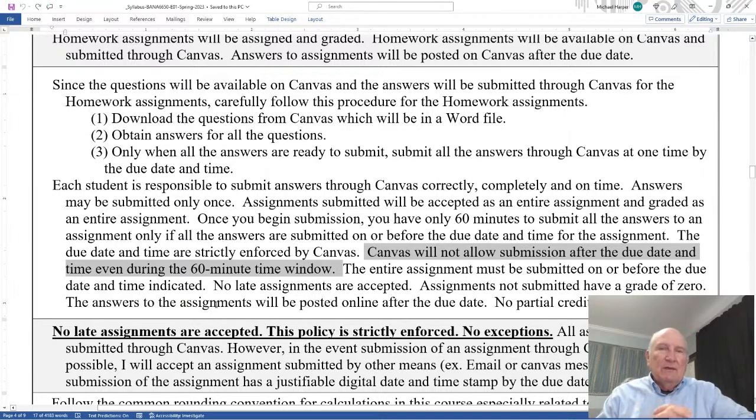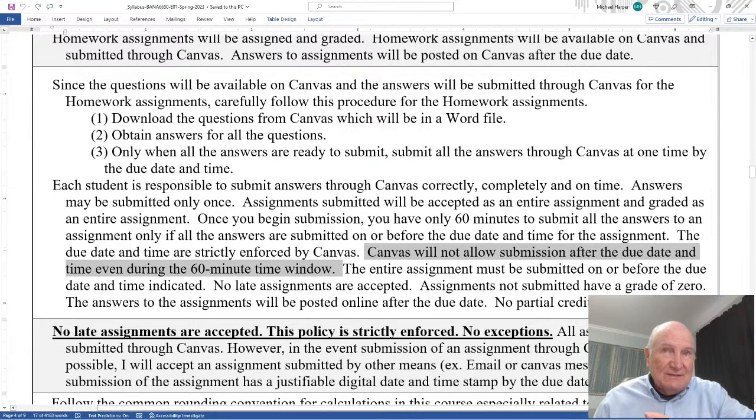In other words, you have 60 minutes, but it's due 11:59 p.m. on Saturday night. So what do? If you open at 11:58, you don't have 60 minutes, you have 1 minute, because that 11:59 p.m. is a deadline, regardless of the 60 minutes. So make sure you give yourself enough time to submit it early and when due.